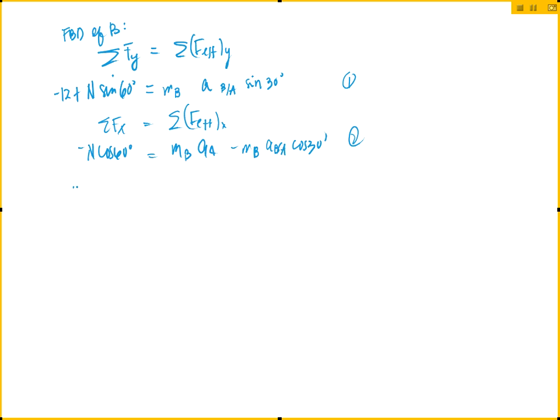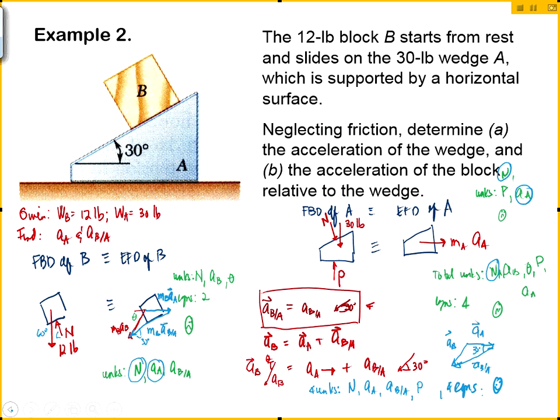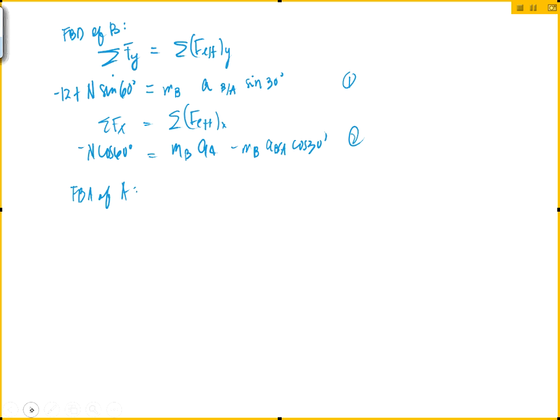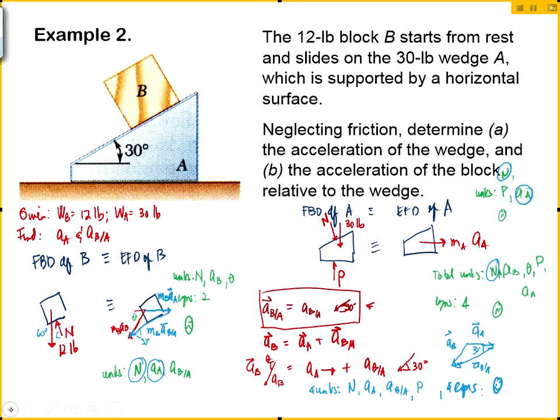Okay, so I could call this equation 1, this is equation 2. For the FBD of A, I don't even have to go along Y, right? Because P is not even being asked in the problem, yes? So I'll just go along X. Summation of forces along X equals summation of effective forces along X. So what do I have here for X?